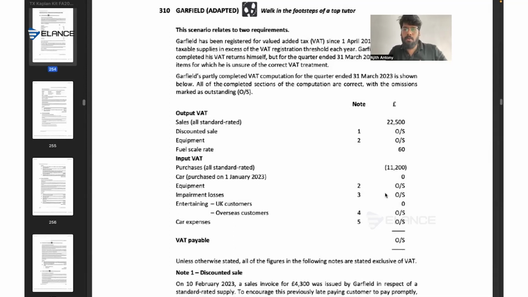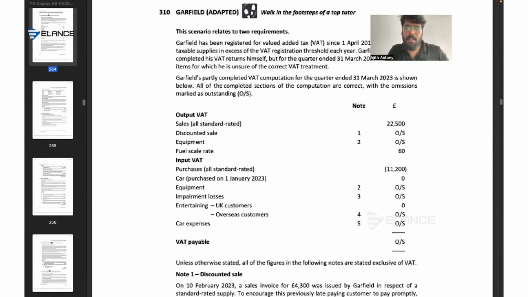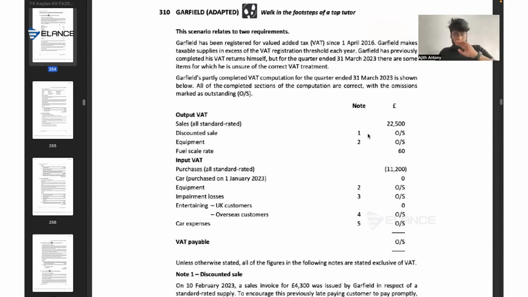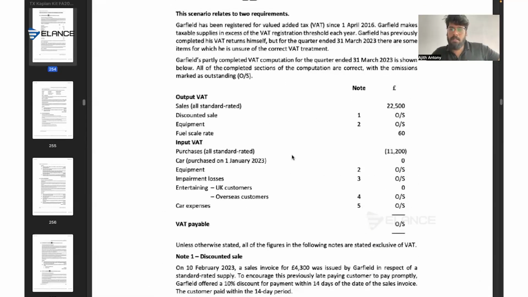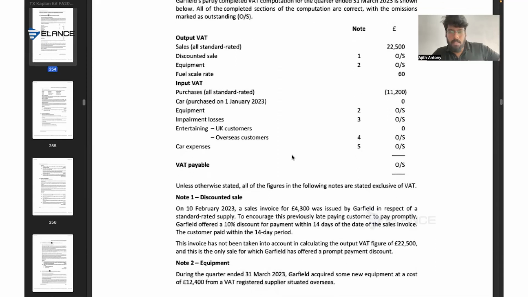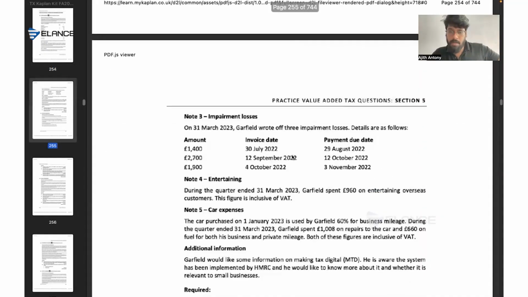So it is the question Garfield. If a VAT question is tested in section C, you can expect at least 50 percent of it to be in the calculation part. When you get the question, you should read the requirement first.